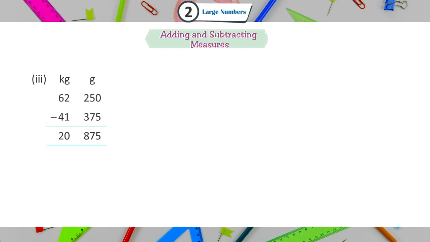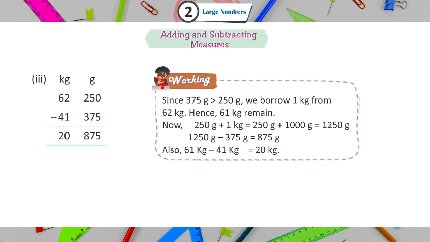3. 62 kilograms 250 grams minus 41 kilograms 375 grams is equal to 20 kilograms and 875 grams. Working: since 375 grams is greater than 250 grams, we borrow 1 kilogram from 62 kilograms. Hence, 61 kilograms remain.